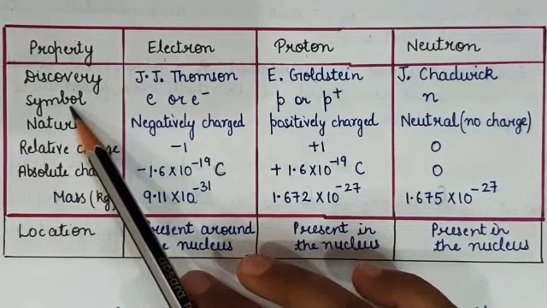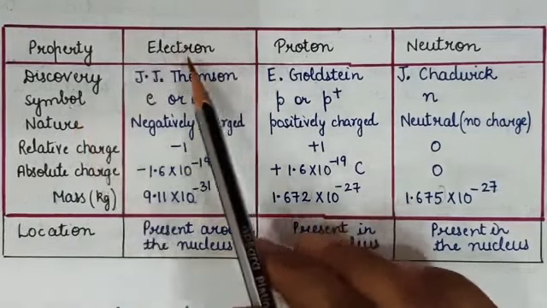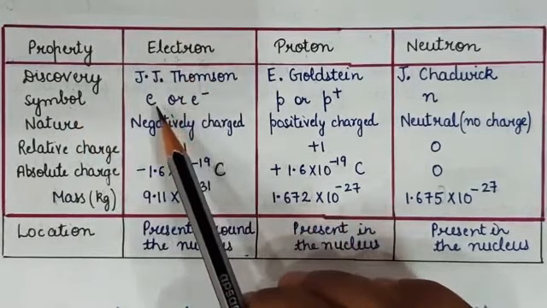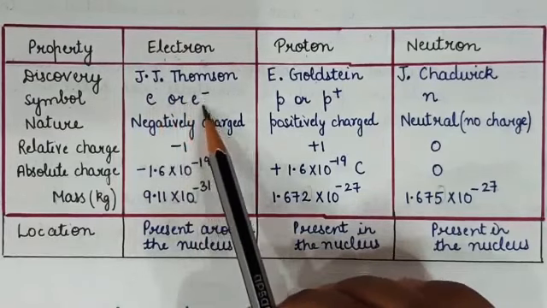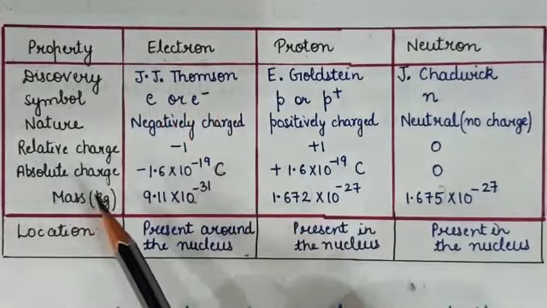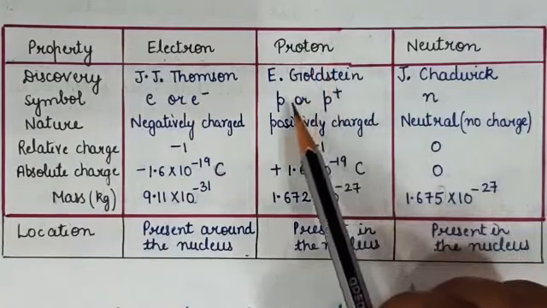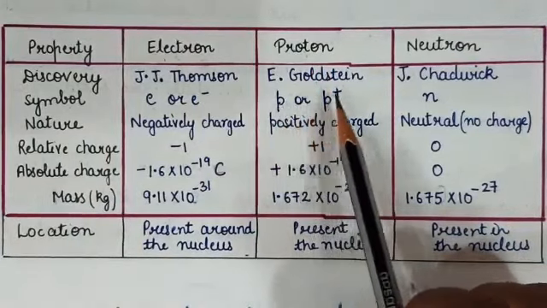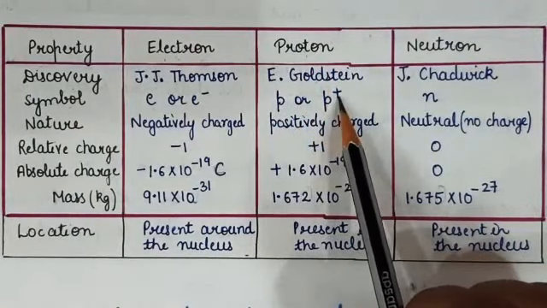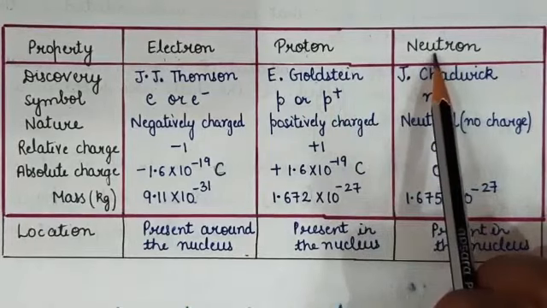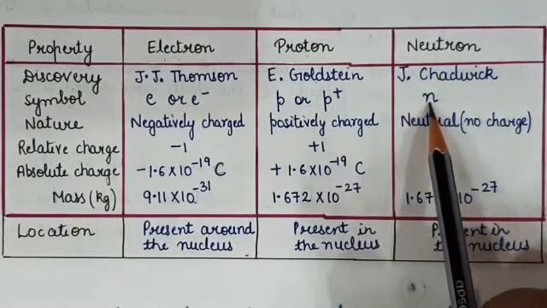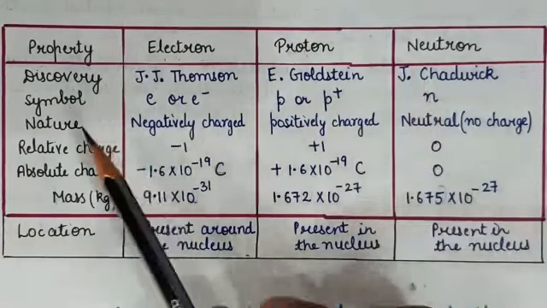Coming to the next property, that is symbol. Electron is represented as e or e negative. Proton is represented as p or p positive. And neutron is represented as n. Now what is the nature?